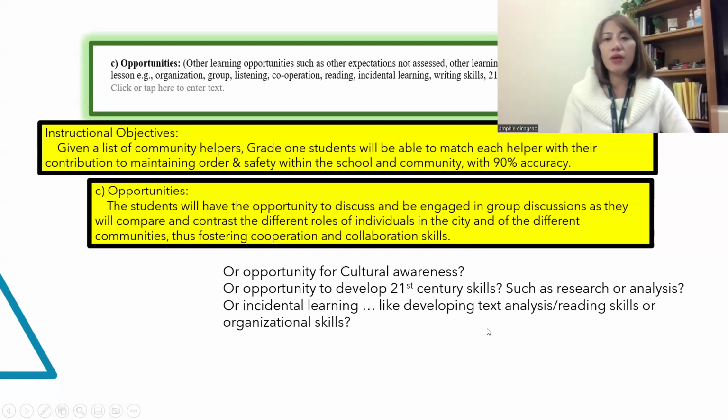So what are other opportunities? Is there going to be an opportunity for cultural awareness? Is there an opportunity to develop 21st century skills such as research or analysis, or some incidental learning? Are they developing text analysis, reading skills, or organizational skills? Do write that in your lesson plan.